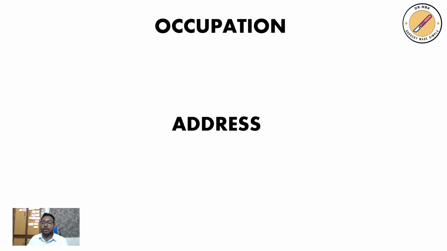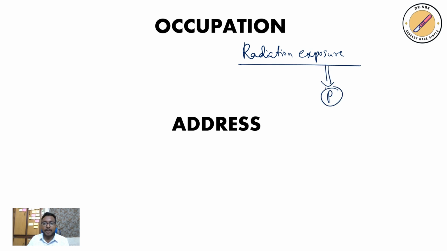Next, coming to occupation. Occupation doesn't have much significance per se, but one important point you can remember is people working in occupations with radiation exposure. In case of prolonged radiation exposure, people can get papillary carcinoma more commonly in the long standing duration.